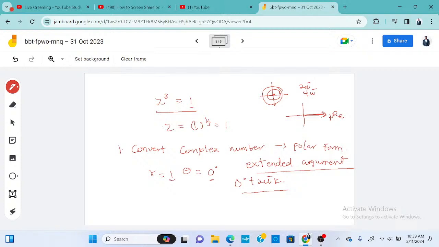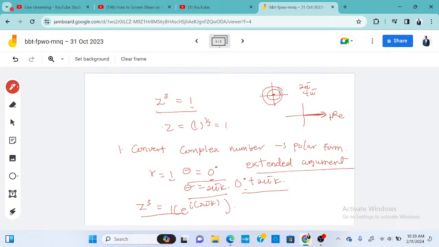The extended argument becomes 0 plus 2 pi k, meaning that my theta simply becomes 2 pi k, right? At this point, I'll have z cubed equal to r, which is 1, multiplying e to the power i open bracket 2 pi k. So this is where I am.